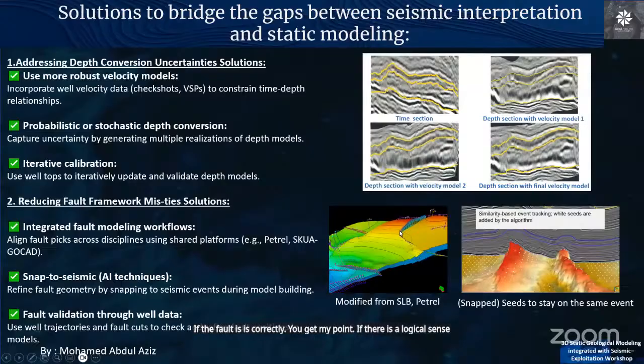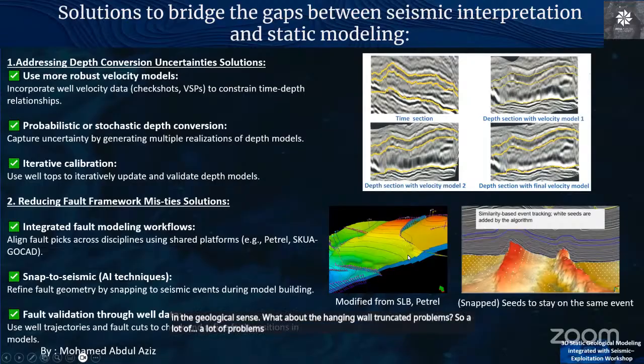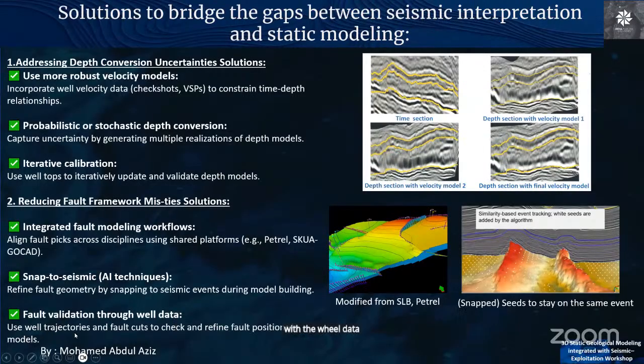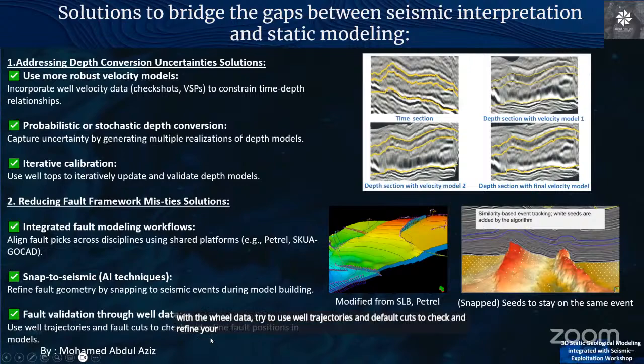What about the fault throw in the geological sense? What about the hanging wall truncation problems? So a lot of problems telling you where the uncertainty is coming from. And for fault validation with the well data, try to use well trajectories and fault cuts to check and refine your fault positioning in the model.